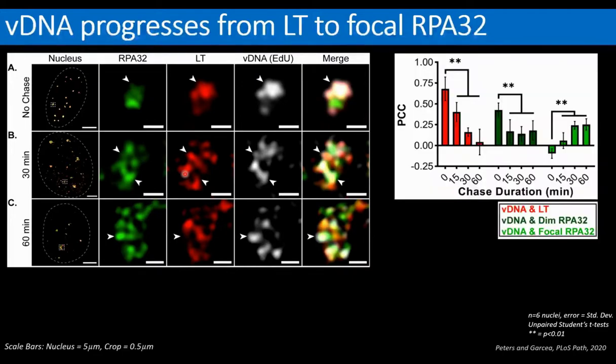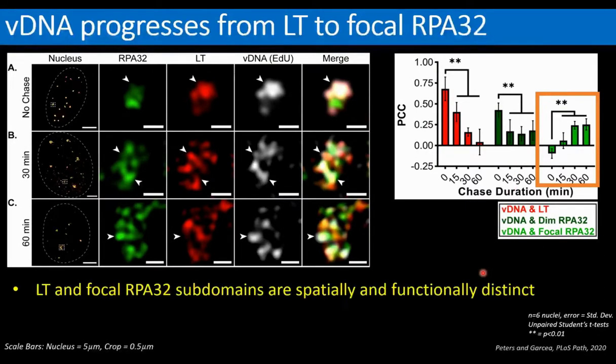PCC analysis confirmed the progressive relocalization of EdU-labeled viral DNA from large T antigen to focal RPA32. These results indicated that large T antigen and focal RPA32 subdomains are spatially and functionally distinct.